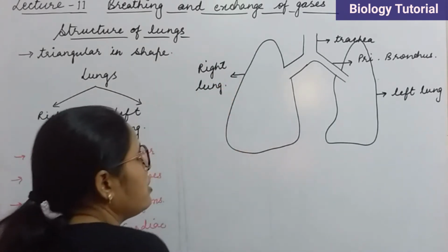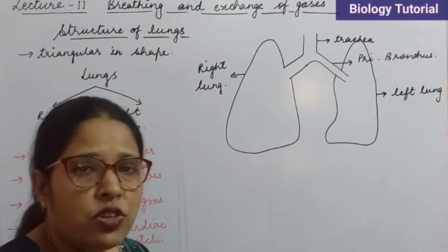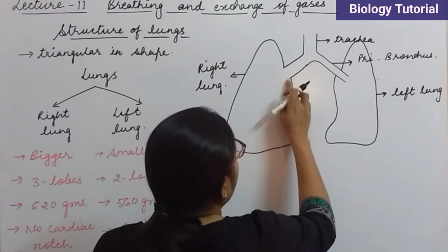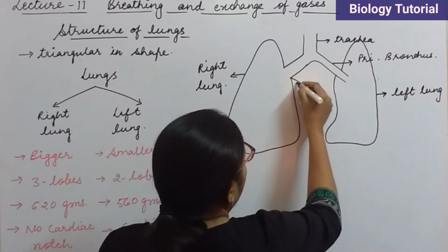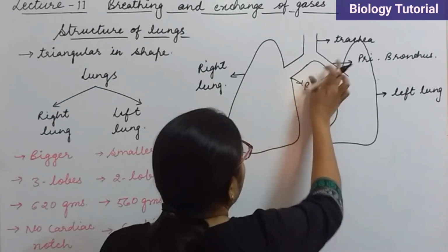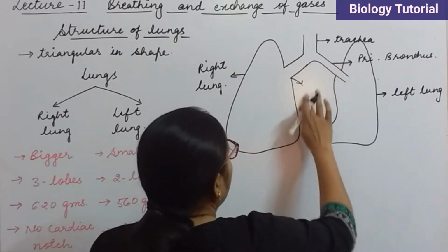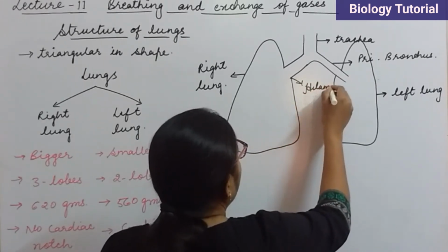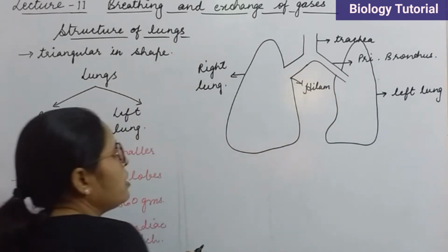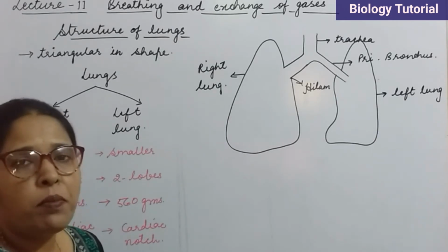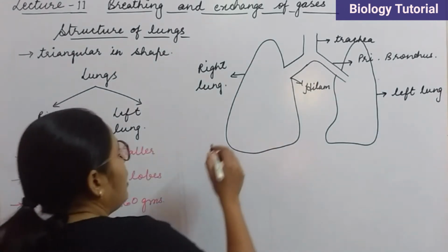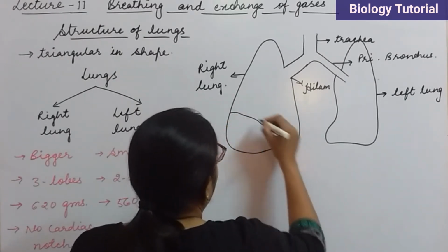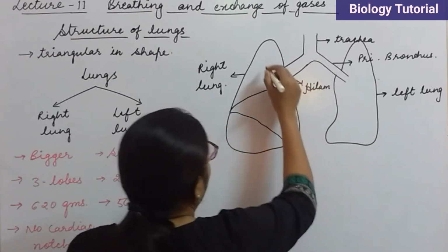Right lung is divided into 3 lobes, and the part where the bronchus enters into the lung is called hilum. Clear? Here are the 3 lobes present in the right lung: 1, 2 and 3.